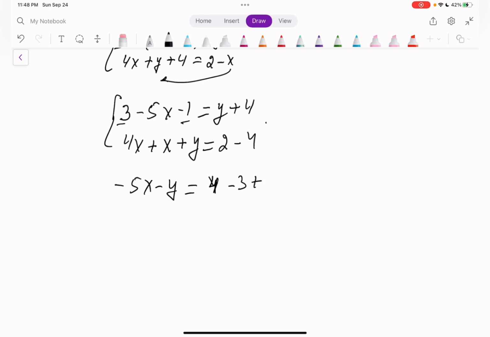Minus 3 plus 1, and 4x plus y equal, no, 4x and x, it's going to be 5x. 5x plus y equals 2 minus 4, which is negative 2. Well, let's take care of this one also. 4 minus 3 is 1, plus 1 is positive 2, right?